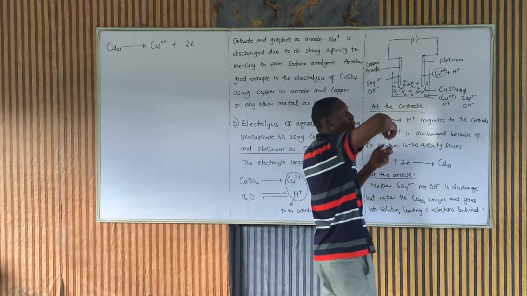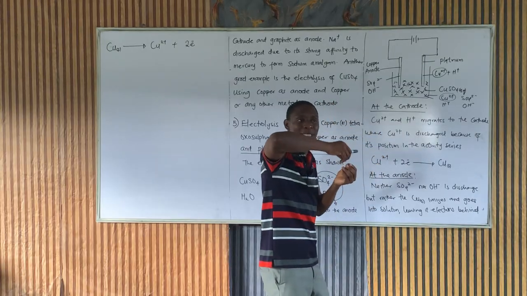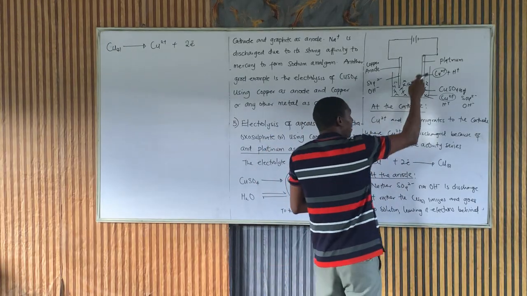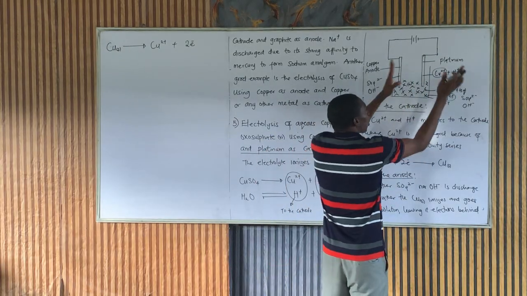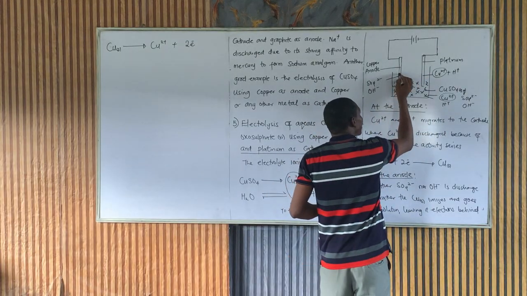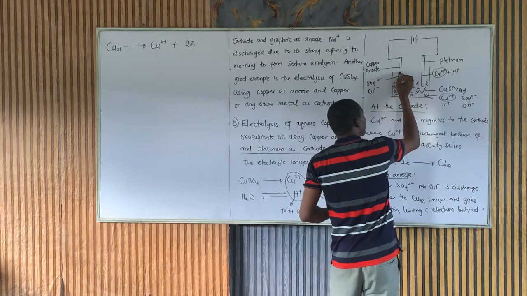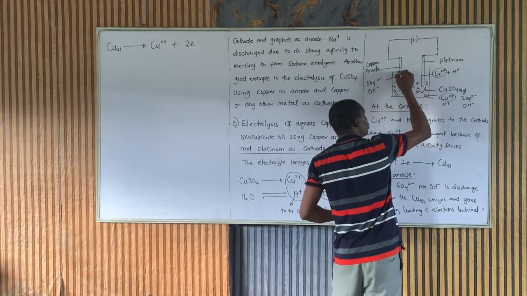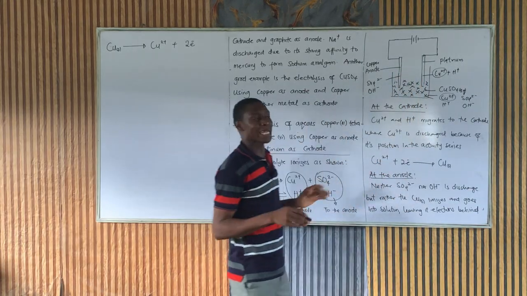The rod becomes tinier and tinier, and then this grows fat because copper is being deposited. So the overall reaction is as though copper is being transferred from the anode to the cathode, and that's what happens.